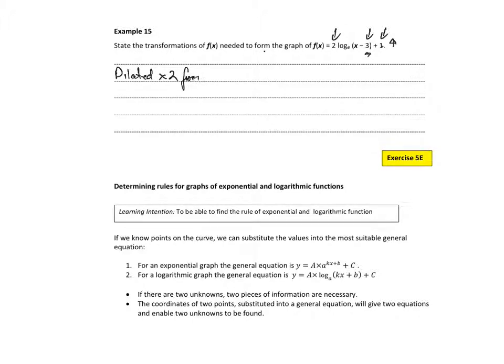Make sure you put from. It's from the x-axis. And we've got translated 3 units. You actually do get away with saying to the right. And translated 1 unit up. Yeah, look, I think that's the easiest way to do it. Let's leave it at that.